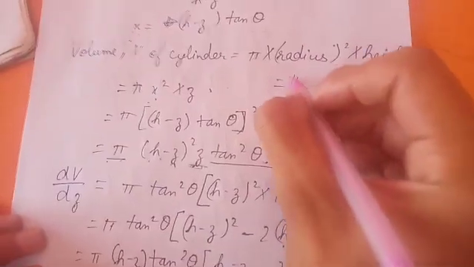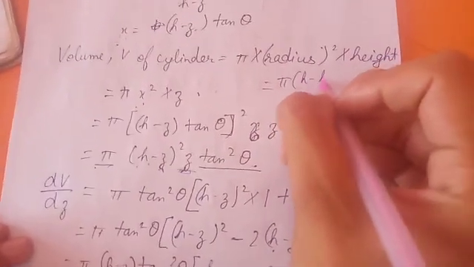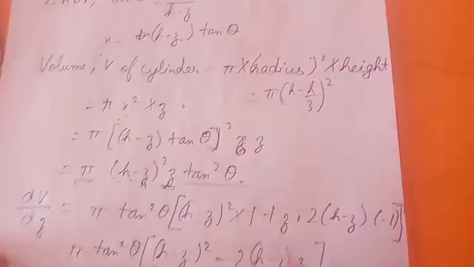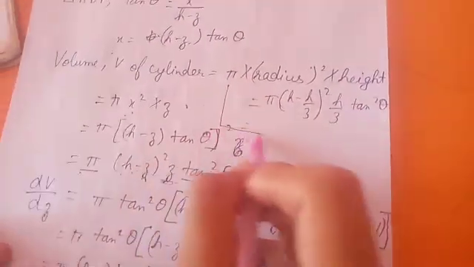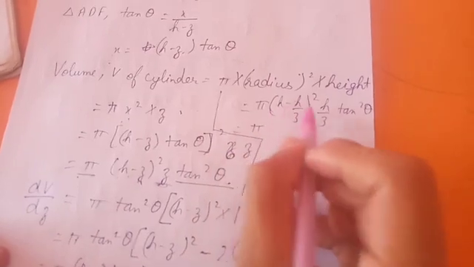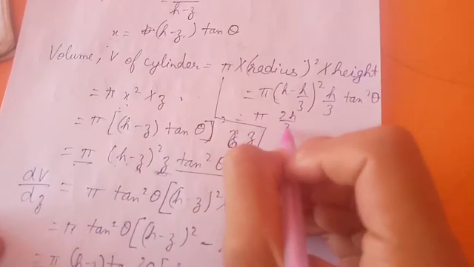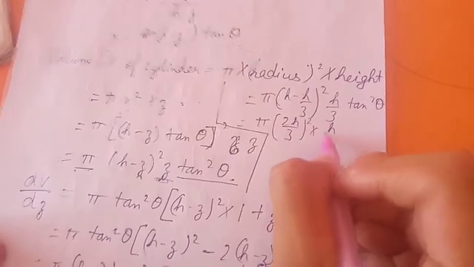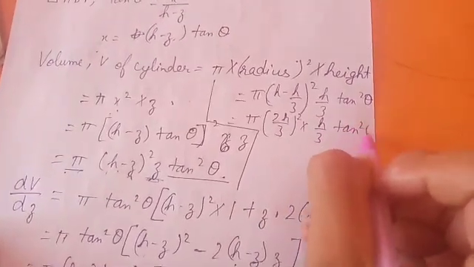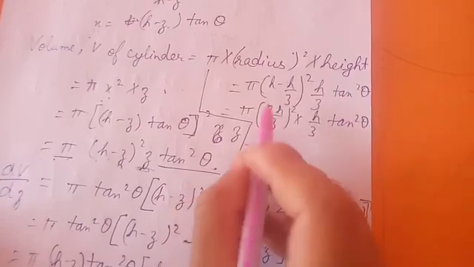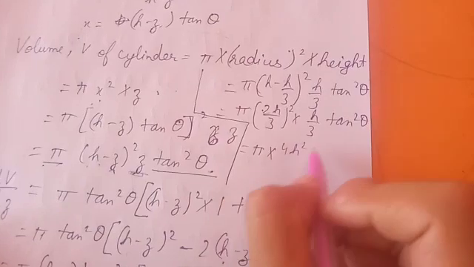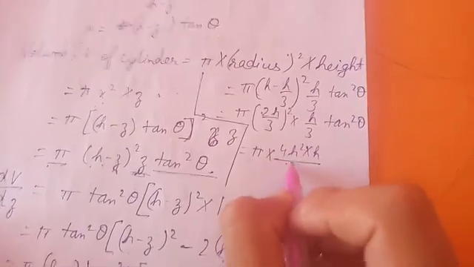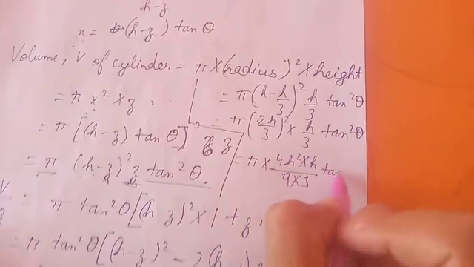So we get pi as it is (h minus h by 3) whole squared into h by 3 tangent square theta. Okay, that will be pi (h minus h by 3 is 2h by 3) whole squared into h by 3 tangent square theta. That will be pi into 4h square into h by 9 into 3 tangent square theta.